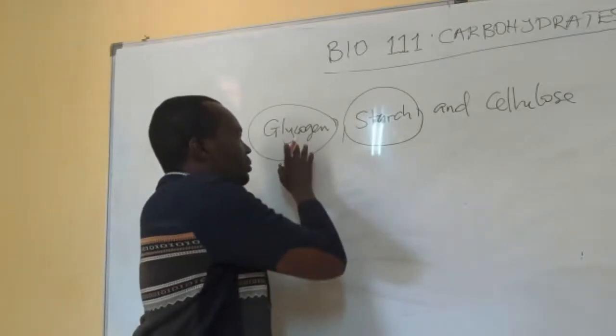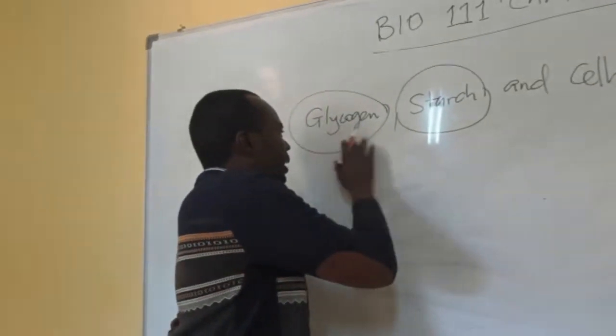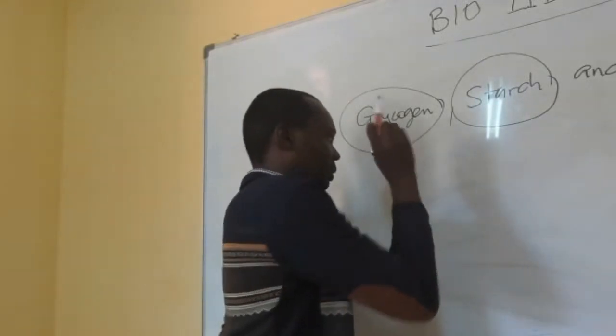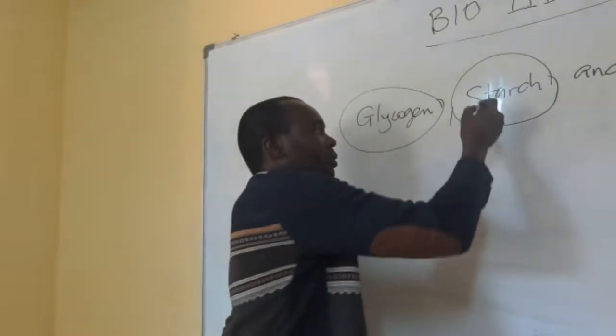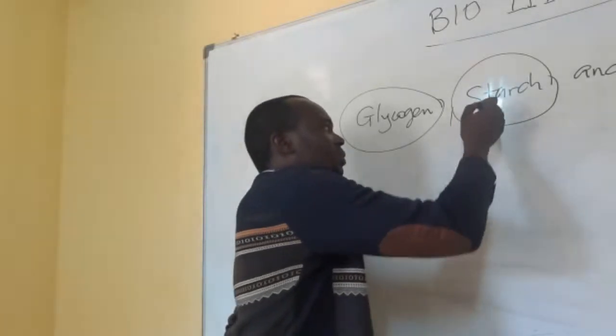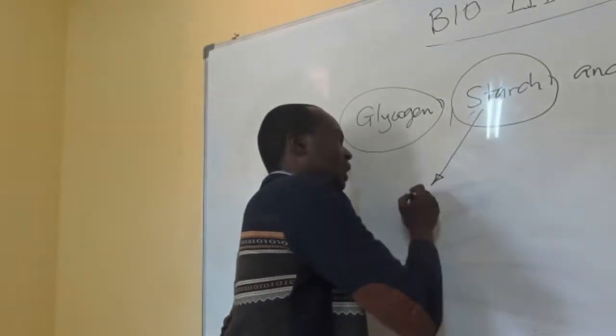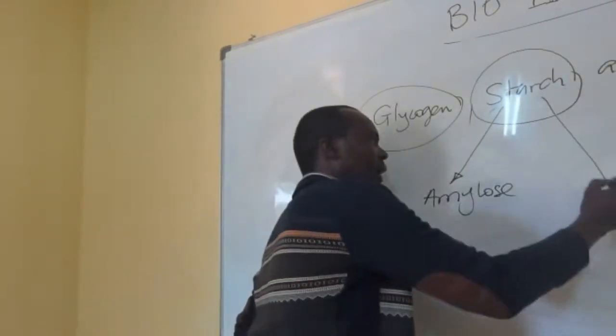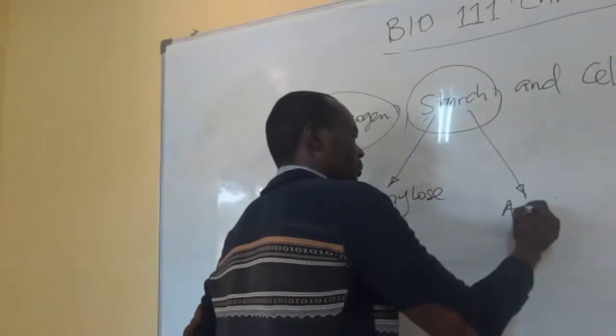In the human body, glycogen is the preferred form of storage for glucose. Starch has two types: amylose and amylopectin.